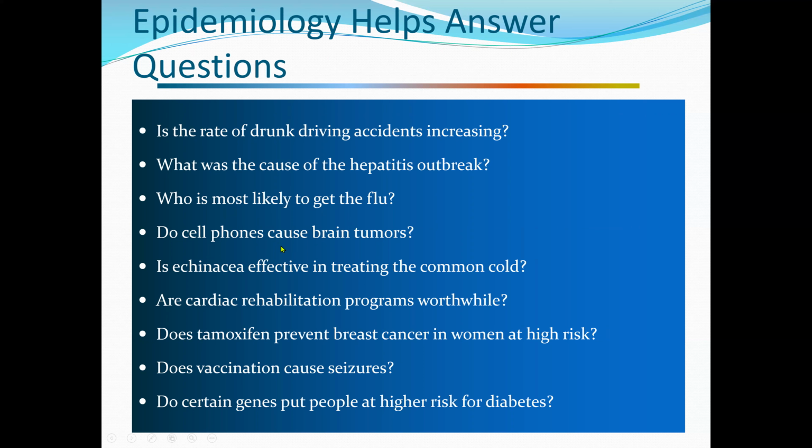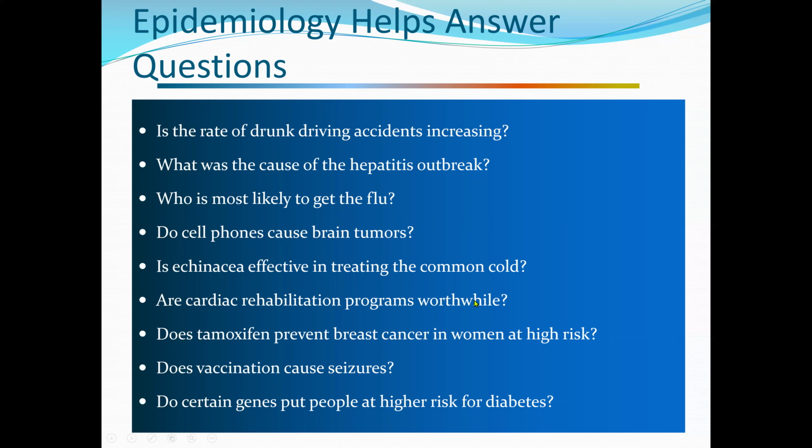Do cell phones cause brain tumors? We can see that most of the questions we have gone through so far are based on data analysis. We are going to find a pattern in the data, in this case in the subject attributes, the patients' or people's attributes.